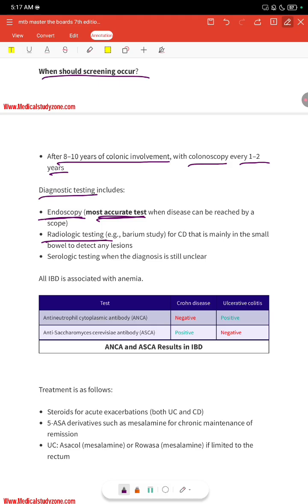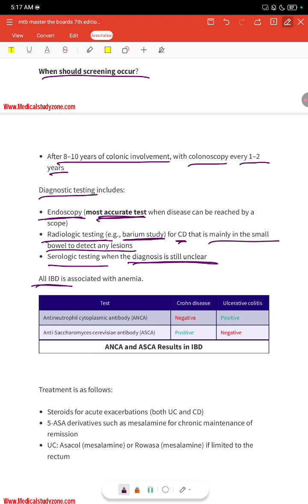Radiologic testing, for example, barium study for CD or Crohn's disease, is mainly for the small bowel to detect any lesions. So in those cases, when endoscopy cannot reach the disease point, we go for the radiologic testing, that is barium study. Serologic testing, when the diagnosis is still unclear.